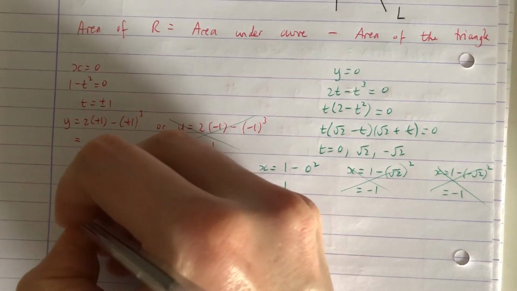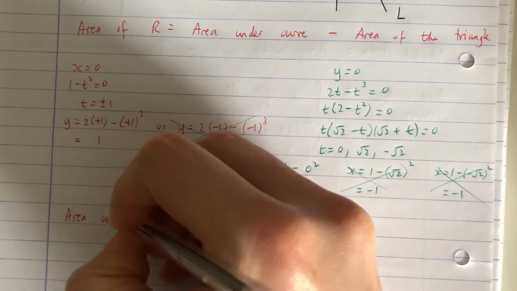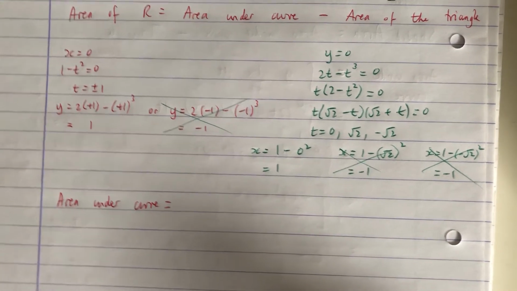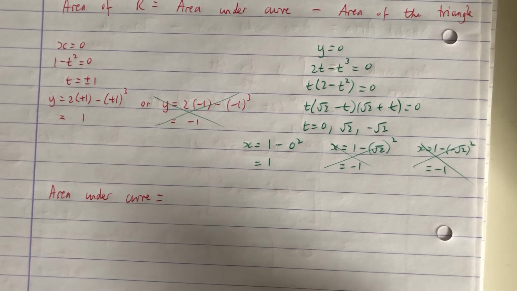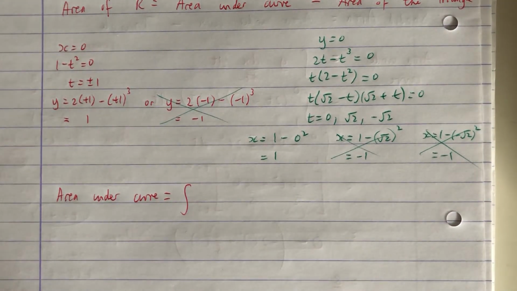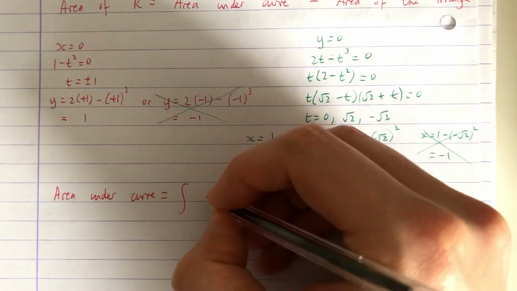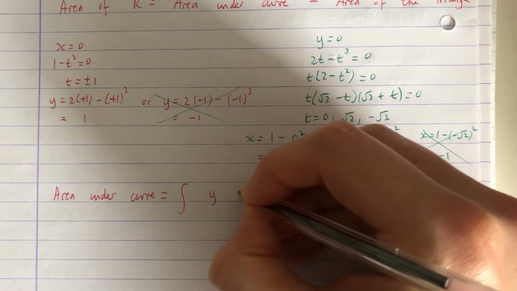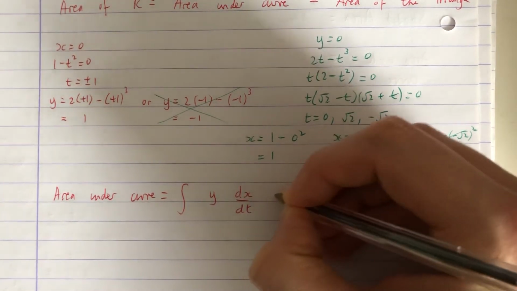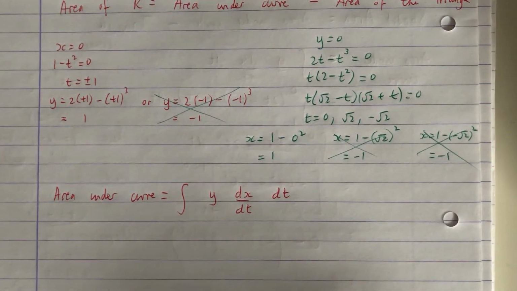So, area under curve. For a parametric equation, the formula is to integrate between the upper limit and the lower limit of y dx by dt, dt.